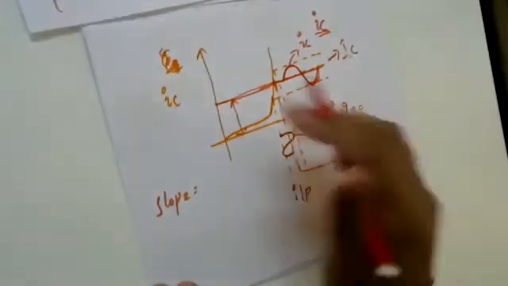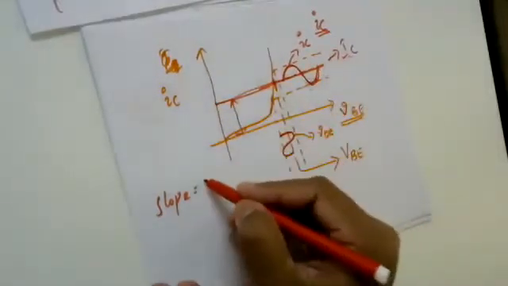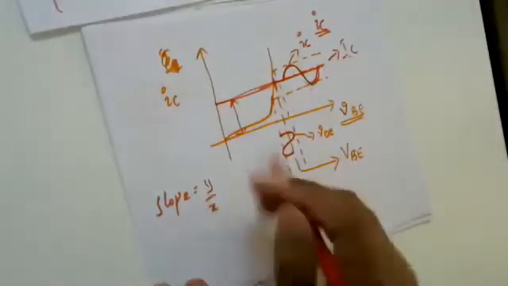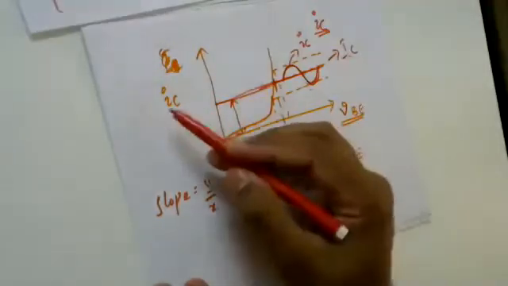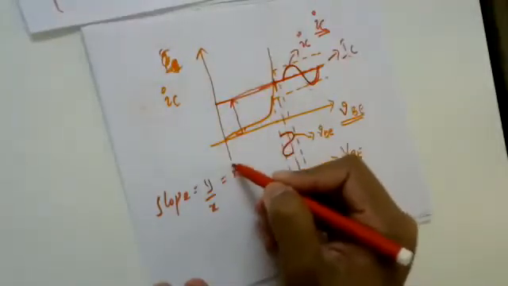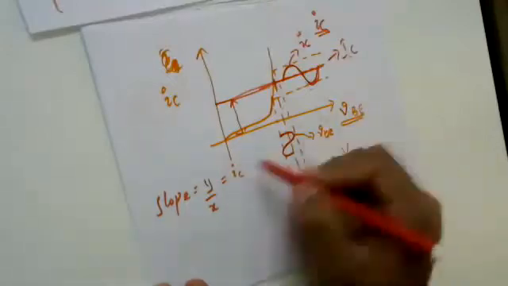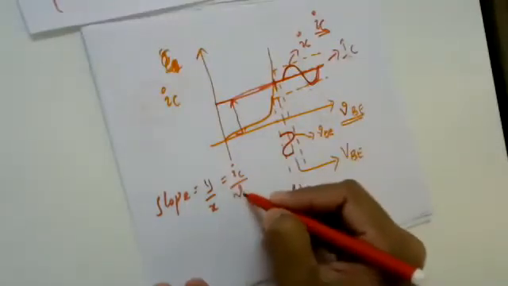Slope is defined as y by x, the general term. What is your y? Y is nothing but IC. What is your x? It is nothing but VBE.